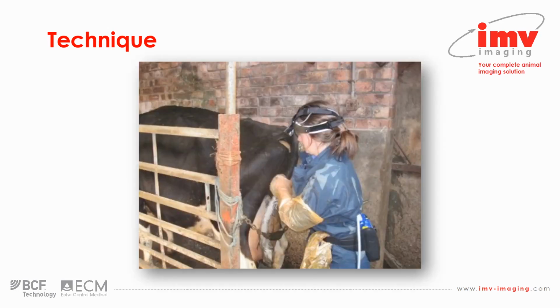So here we can see a veterinarian, typical setup for the UK at least, where we have an animal confined within a space, or just a gate up against the wall here, maybe the end of a race or a cattle crush, a chute to use the US terminology.